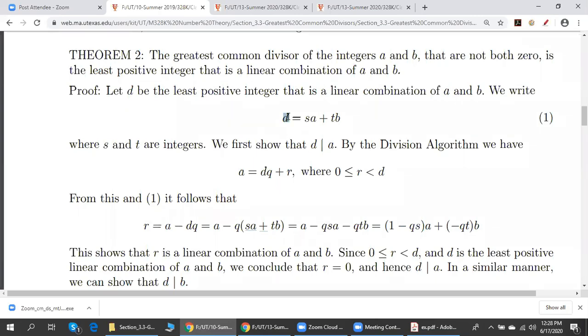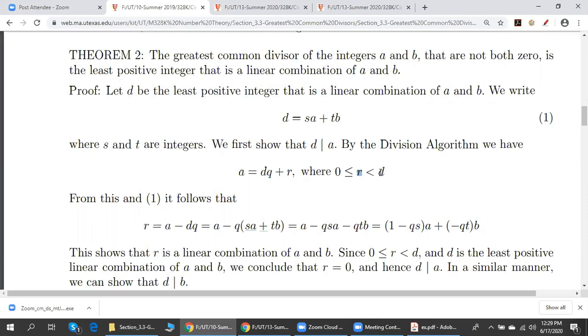So both D and R are linear combinations of A and B. Both D and R are greater or equal to 0, but D is the least positive integer.